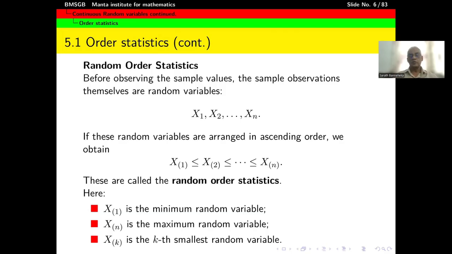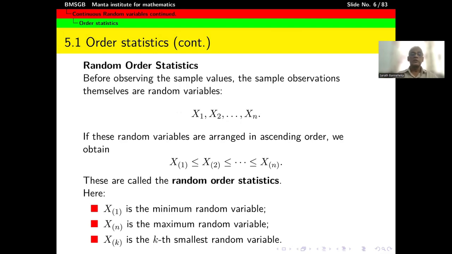They can have different distributions. That is one difference between the original random sample and order statistics. Their distributions can be different, so they are not necessarily identically distributed. Generally, they are not identically distributed.